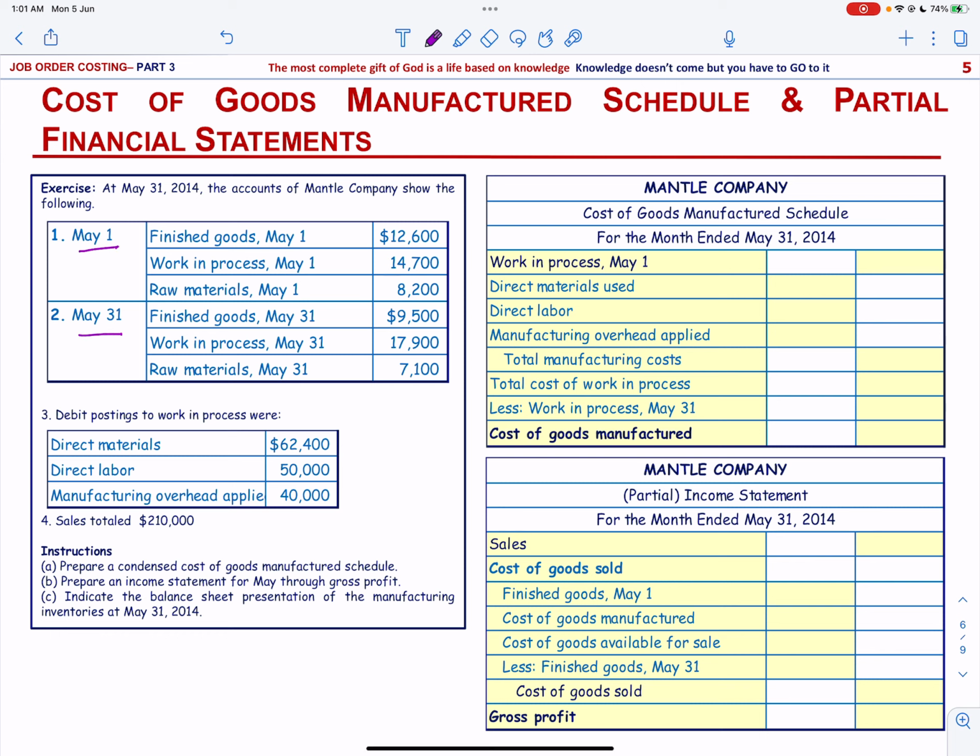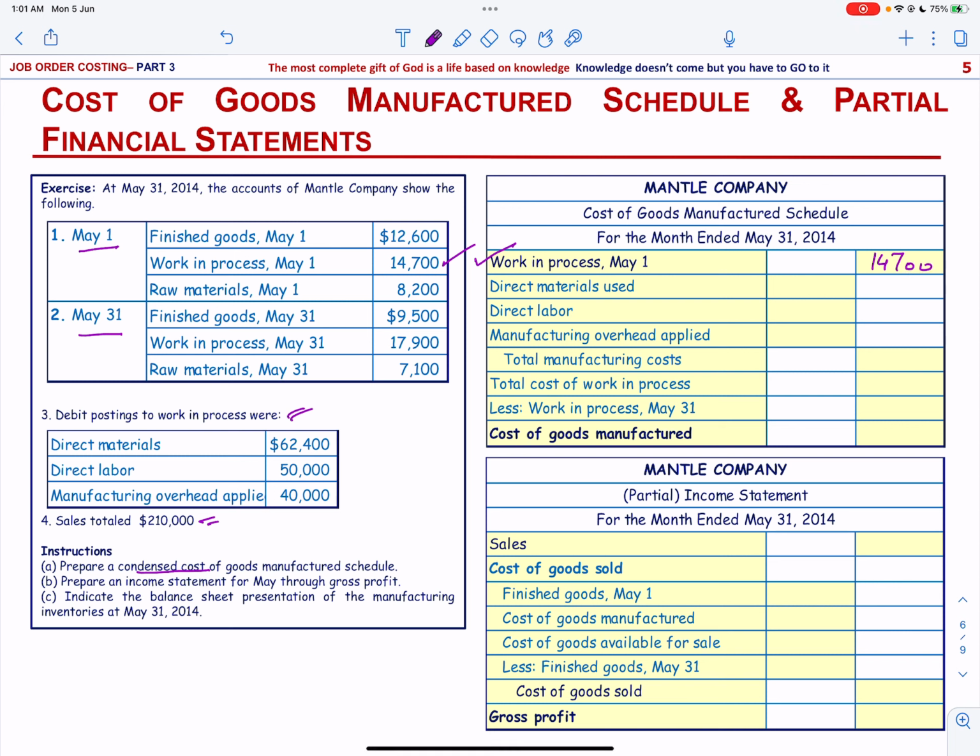We have the debit posting to work in process, sales is 210,000, and we have to prepare a condensed cost of goods manufactured schedule. So for this, we are going to have the work in process on 1st of May, which is 14,700.